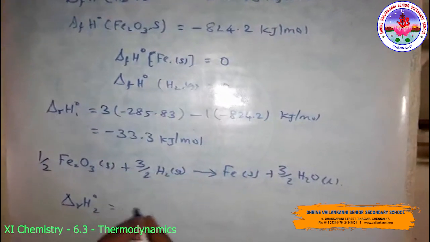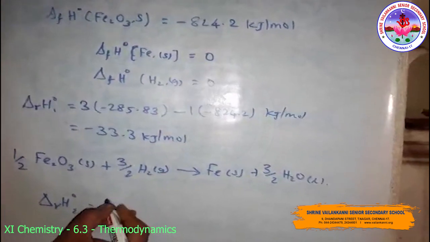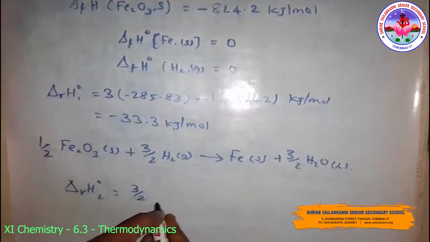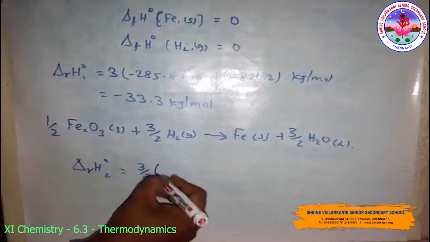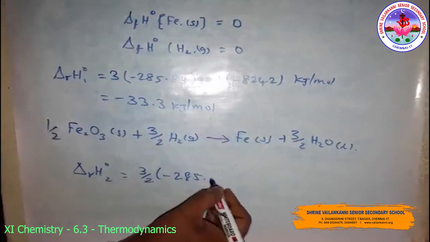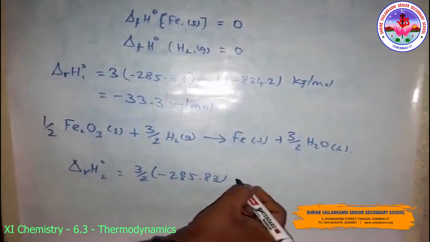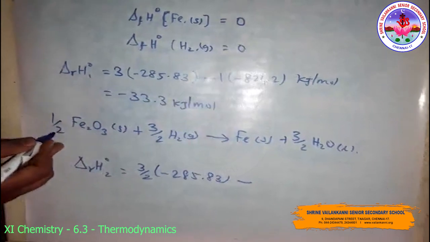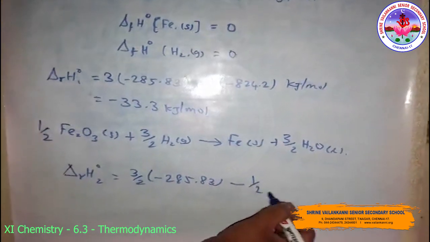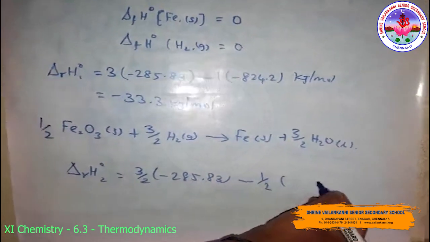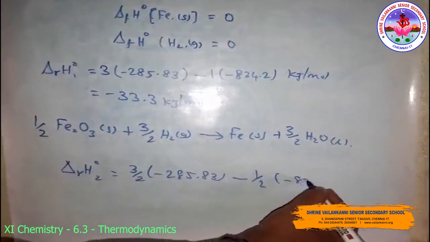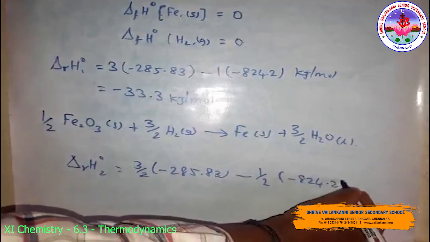So you have to write the product side, which is 3/2 into minus 285.83, minus on this side 1/2, so half mole of Fe2O3, with the value minus 824.2.